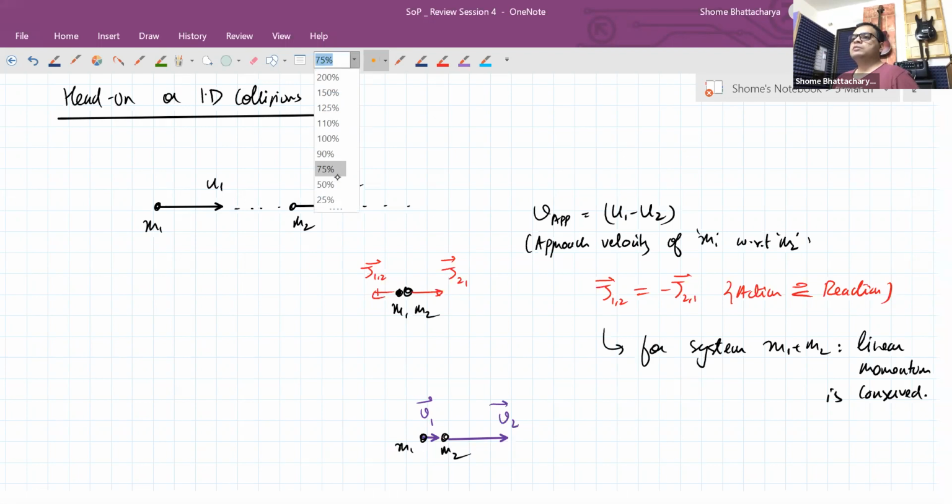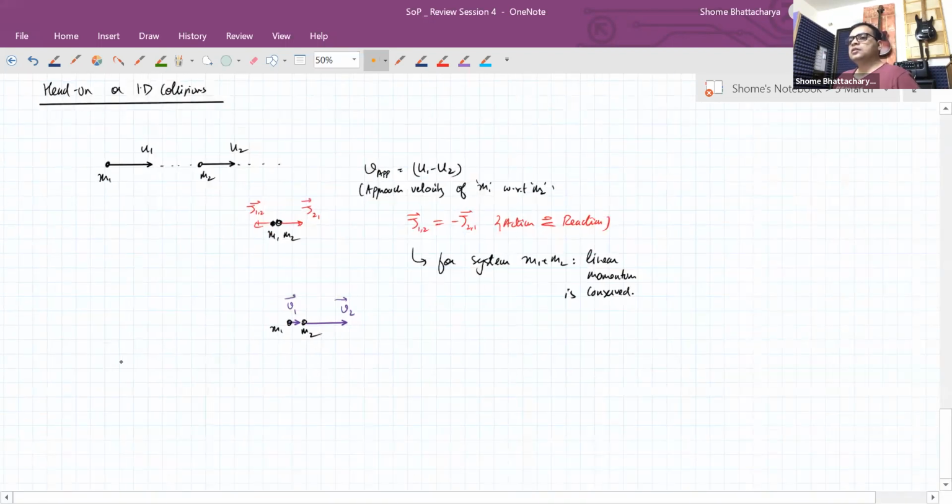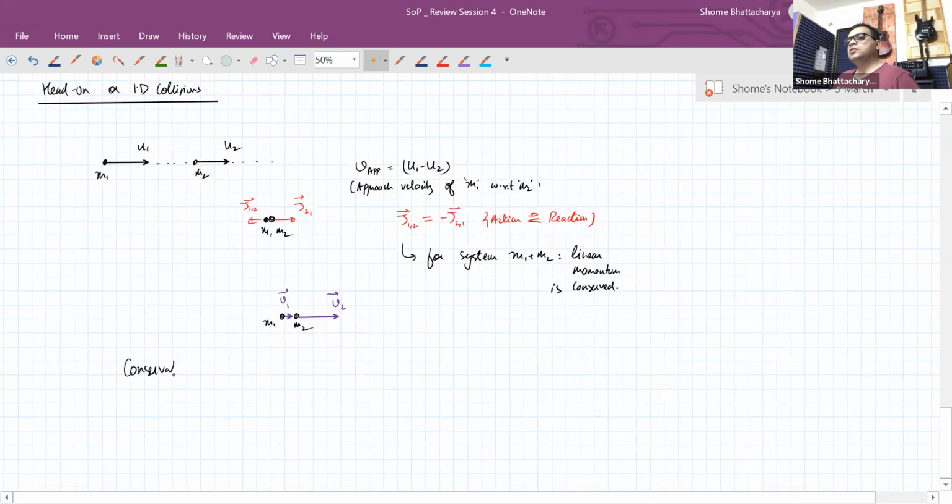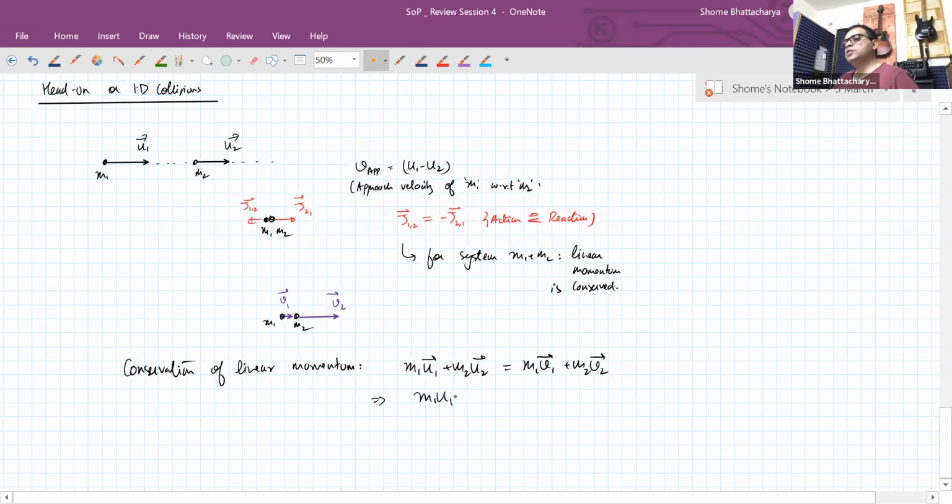So the first equation we'll be able to write here is the conservation of linear momentum, which ideally we want to write like this: m1 u1 plus m2 u2 is equal to m1 v1 plus m2 v2. But since the direction of all four vectors is along the same axis over here, we can reduce this to a one-dimensional equation: m1 u1 plus m2 u2 is equal to m1 v1 plus m2 v2.